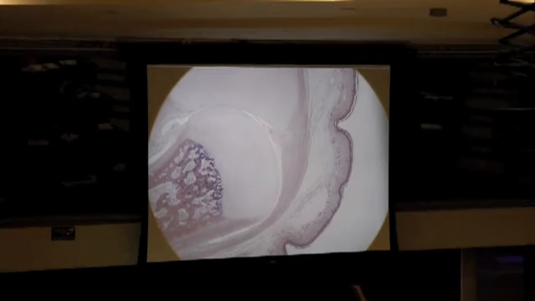You can see a nice smooth surface going against this nice smooth surface over here. That's another bone coming into contact with it. So we have articular cartilages there. So again, this bone can articulate, or not the bone bend, but the joint can bend.